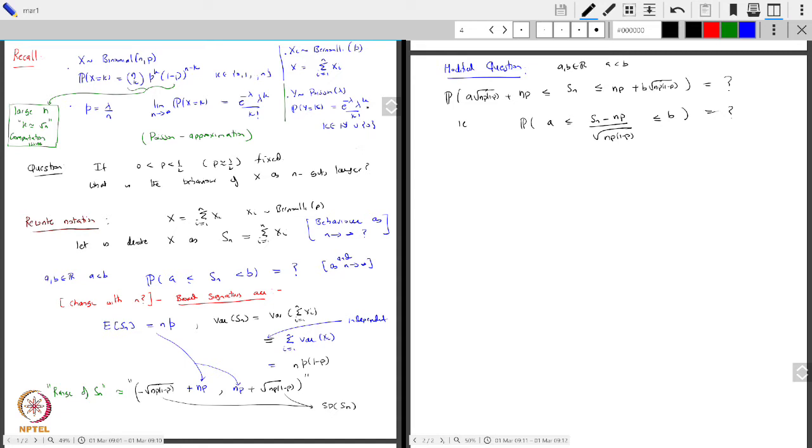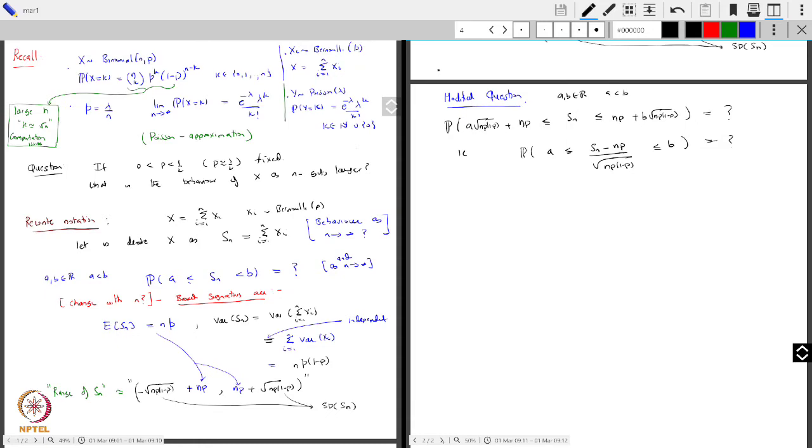So your range is going to be around np plus or minus square root of np times 1 minus p. So a correct question to understand is how large Sn is away from np, standardized by the standard deviation. So I take Sn minus np divided by square root of np times 1 minus p and look at between a and b. How does this probability behave? So let's try and answer this question.